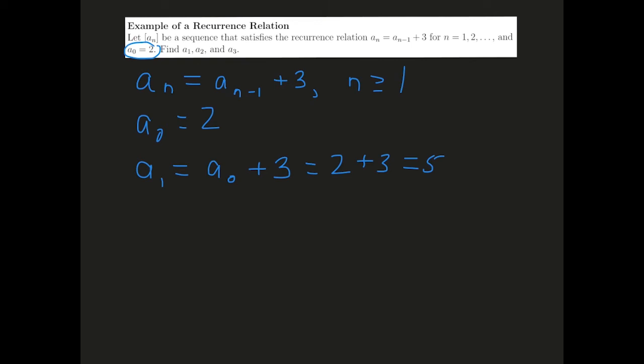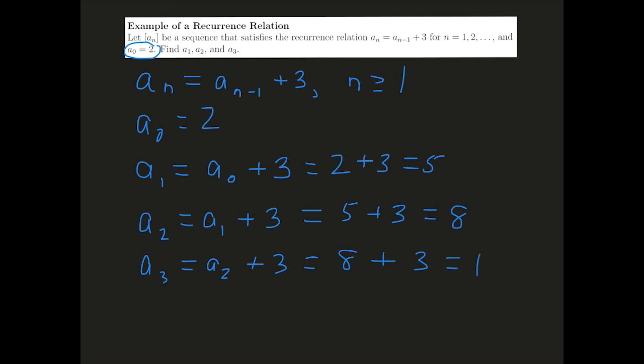a_1 is 5. a_2 is going to be a_1 plus 3, because this was the recurrence relation. So we just saw that a_1 was 5, so 5 plus 3 is 8, so there's my next term, and then a_3, play the same exact game as a_2 plus 3, so that is 8 plus 3, which is 11.